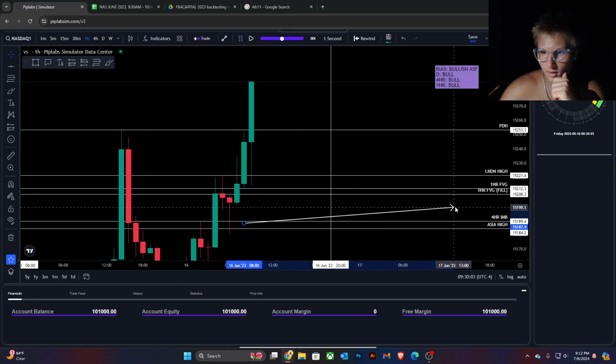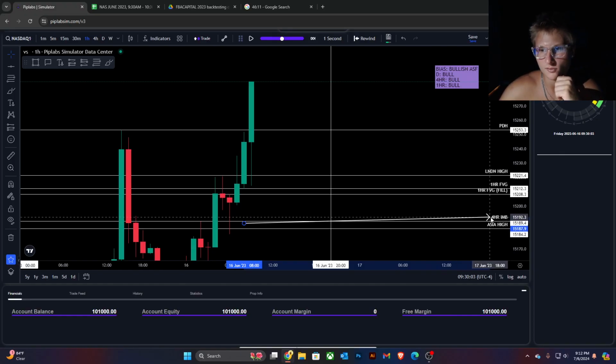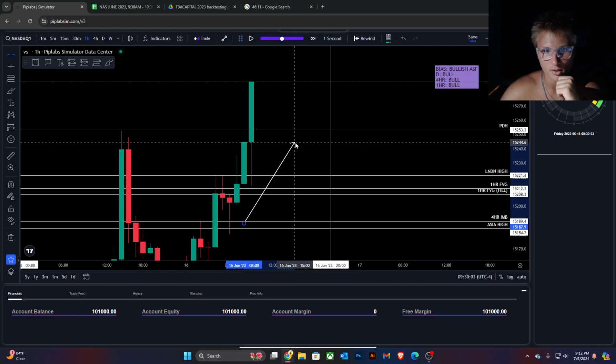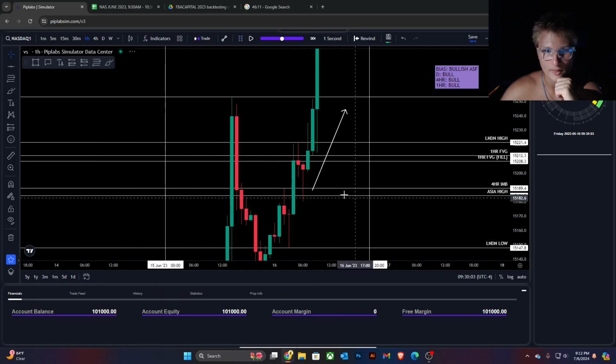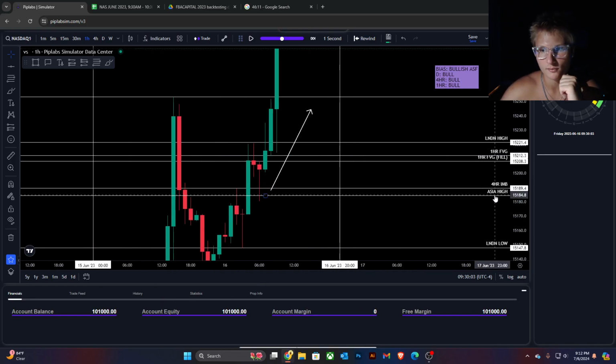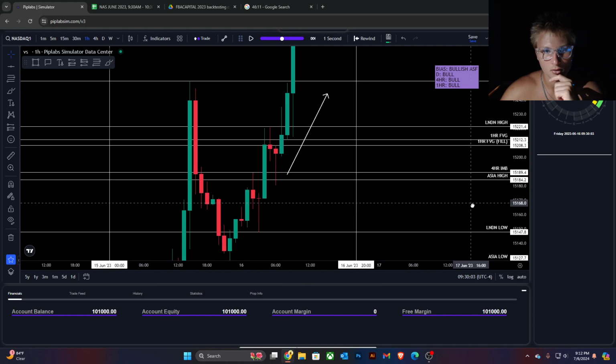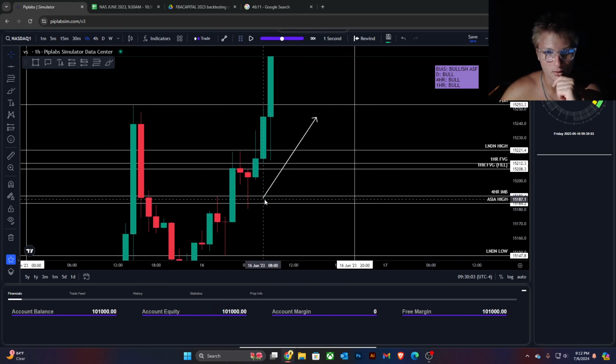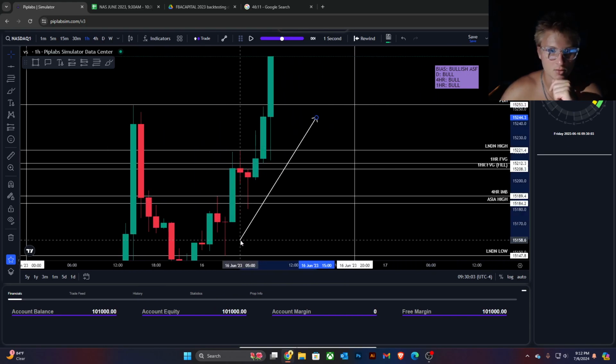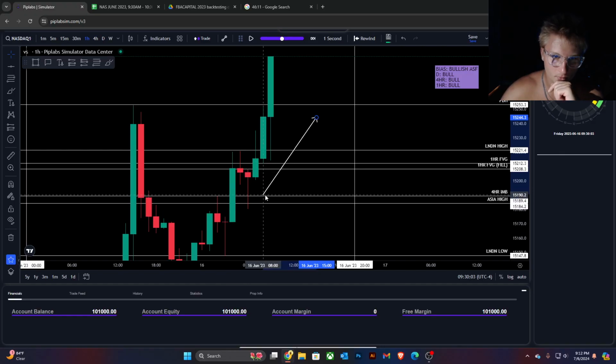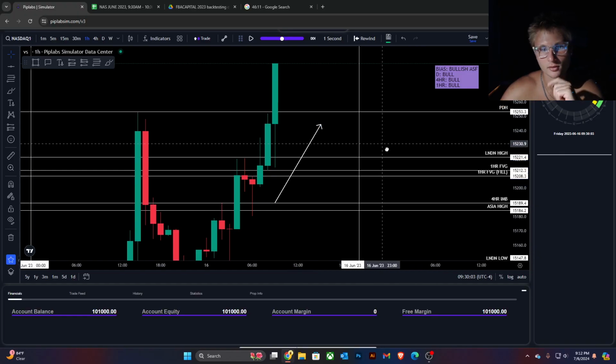So yeah, ideally I want a move off this 4 hour imbalance to continue price up, and that would also be in confluence with sweeping these lows. But ideally this is the entry I want right here, the 4 hour imbalance being filled.